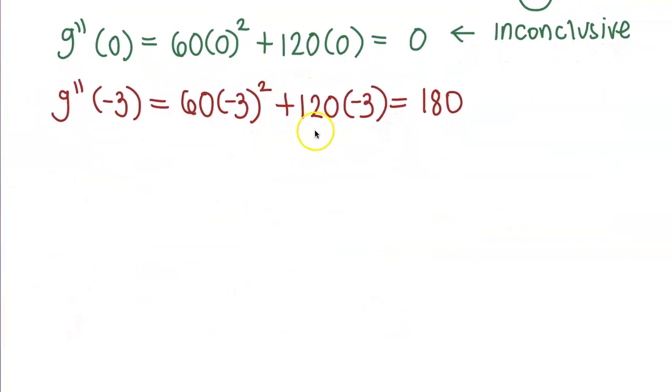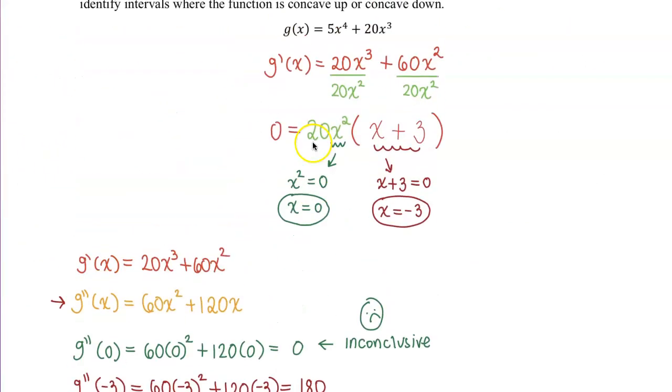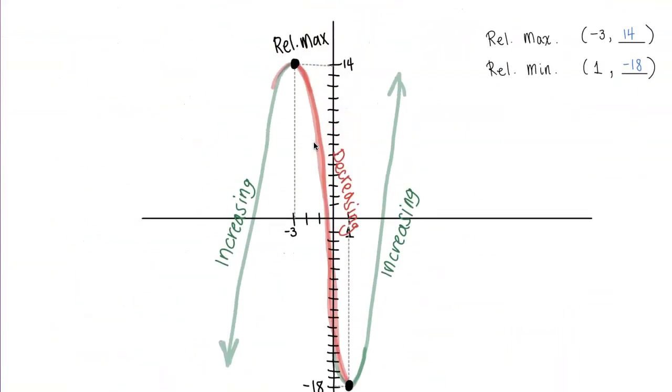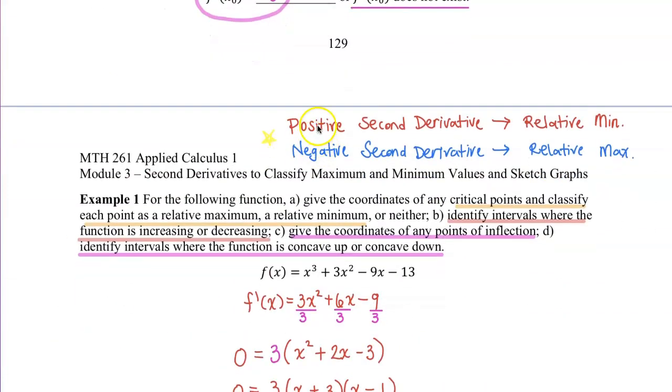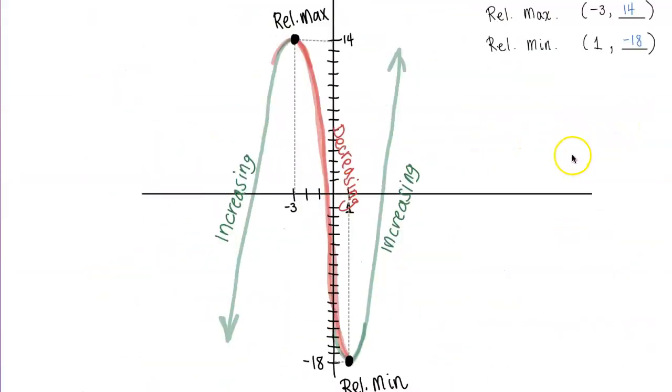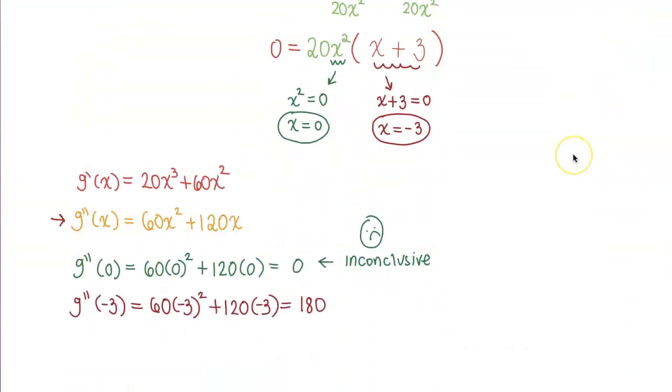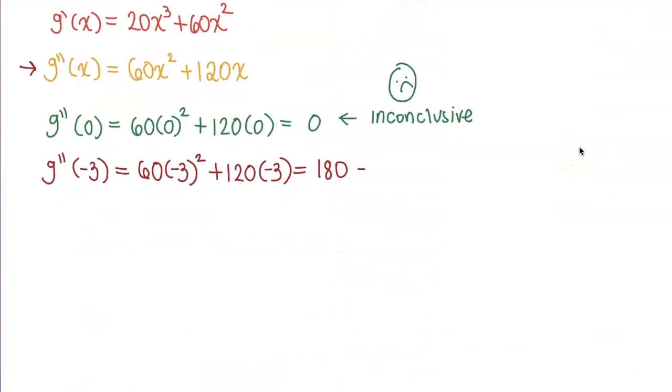Let me go back to the second derivative test real quick. Remember, positive second derivative tells us that this is where relative minimum happens. Yay! So we found where the relative minimum happens: at x equals -3.